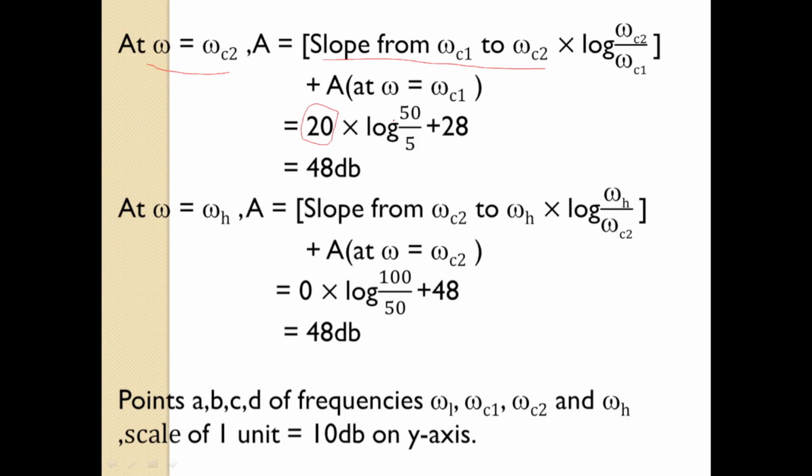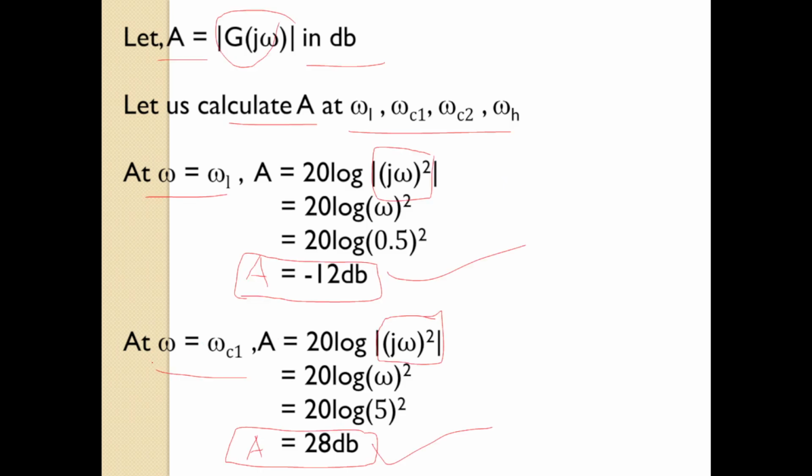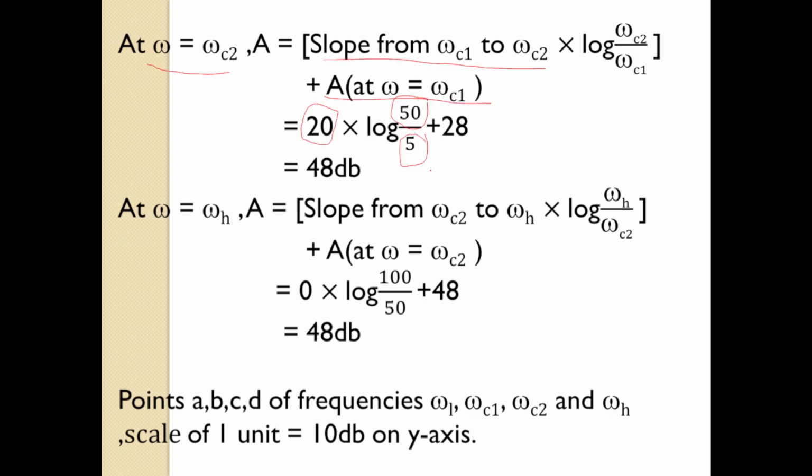Omega C2 value is 50 and omega C1 value is 5. So, log of 50 by 5, plus A at omega equal to omega C1. At omega equal to omega C1, what is the A value? The A value is 28 decibels. So, write down 28. Okay, just solve it. You will get A equal to 48 decibels.